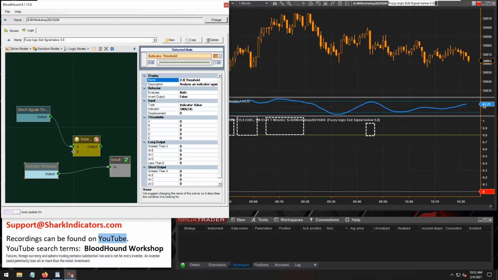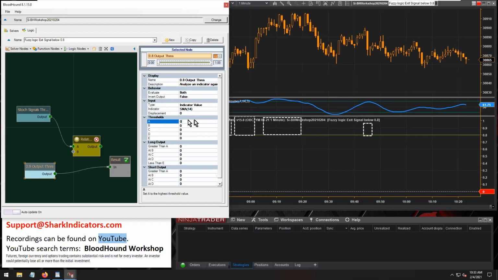And we'll just call this 0.8 output. I'm just going to use the SMA indicator for this. The reason why the SMA works is that if you put the SMA on your chart, the plot value of the SMA is always going to be greater than 0.